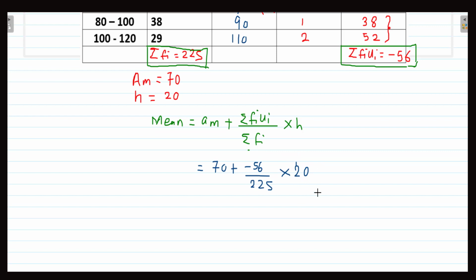Always remember, you solve this part first to get it in decimal form and then add it to or subtract it from 70. So here first solve this to get it in decimal form. So it will be 70, and if you solve this in decimal form, then you will get minus 4.98, and 70 minus 4.98 will be 65.02 approximately.